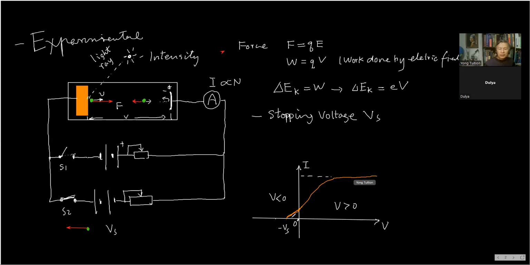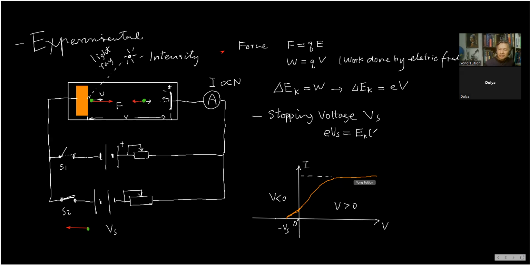So therefore, this so-called stopping voltage will correspond to the maximum kinetic energy. They have a simple relation: e multiplied by Vs will equal the maximum kinetic energy of the electron. Does that make sense?